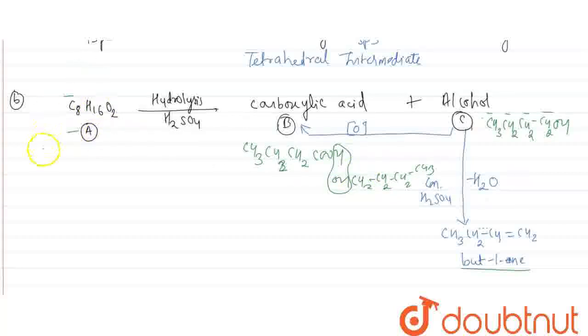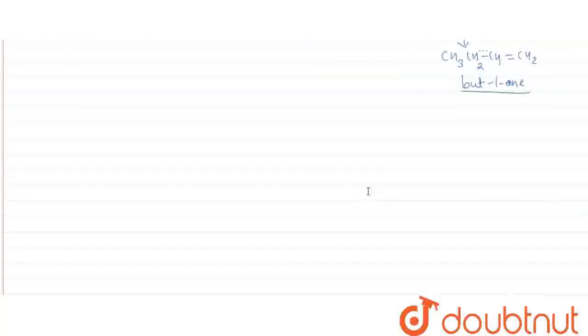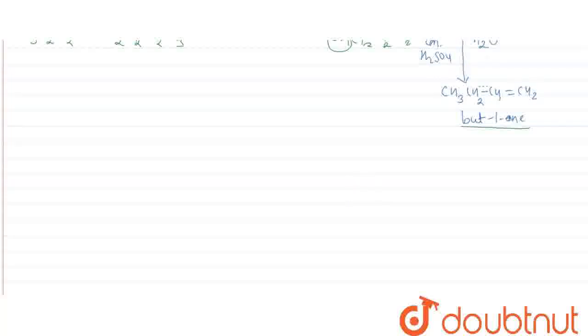So we have the structure of the ester, that is CH3, CH2, CH2, C double bond O, O, CH2, CH2, CH2, CH3. Okay, so this is the structure of the ester, this is the structure of the acid, and this is the structure of the alcohol.